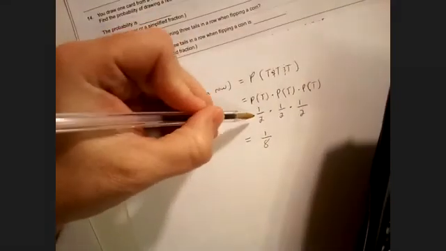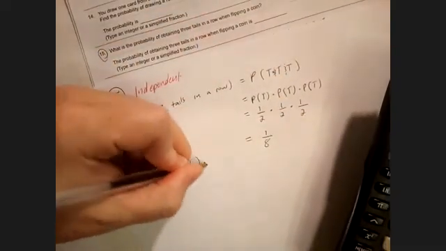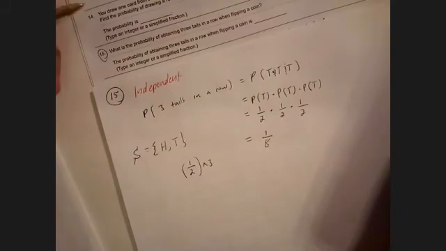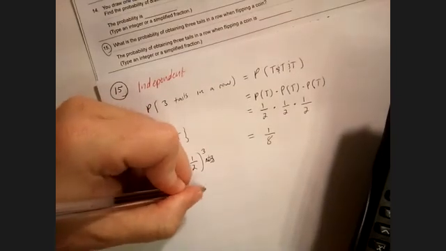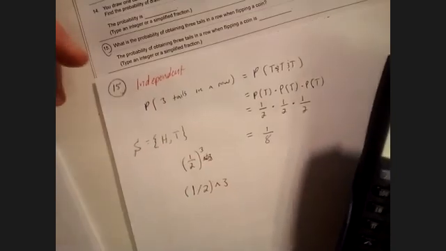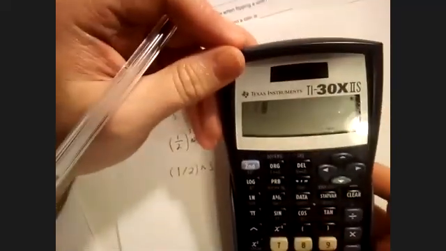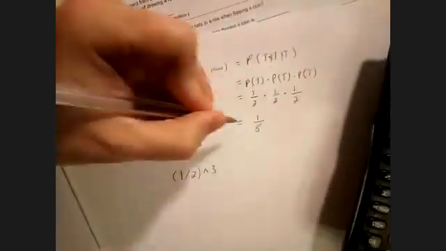I could also do, since it's the same thing, 1/2 raised to the 3rd with my caret. I would end up typing 1 divided by 2, caret 3, and I have to put that in parentheses. So I'll show you that: 1 divided by 2, all of that raised to the 3rd. Fix that decimal. Okay.